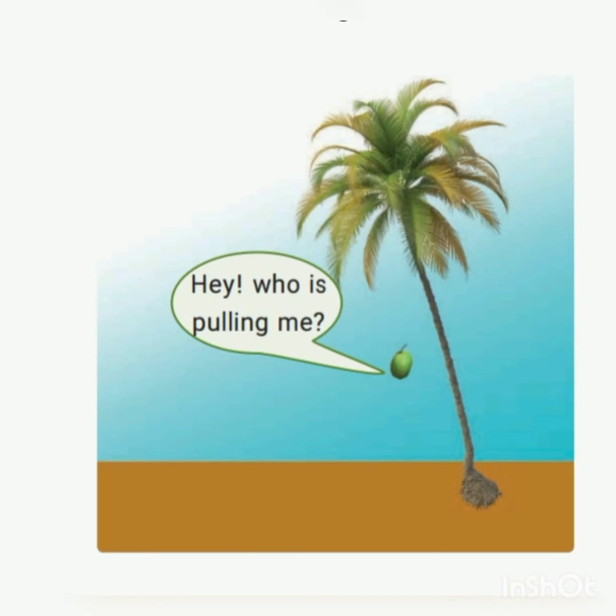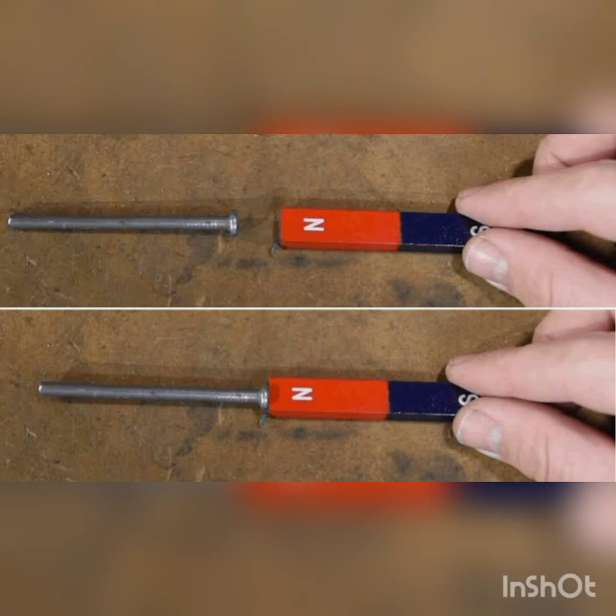Now you see the coconut falling from the tree towards the ground. What pulls it to the ground? It is because of the force of gravity of the earth. The gravity pulls the ripened coconut from the tree to the ground. Next, when we bring a magnet near a small iron nail, the nail gets attracted to the magnet.